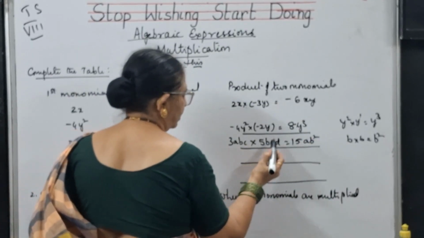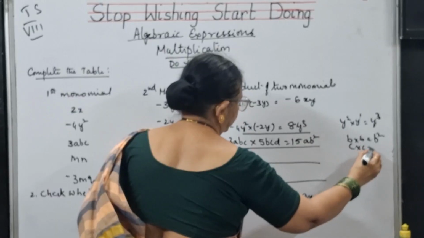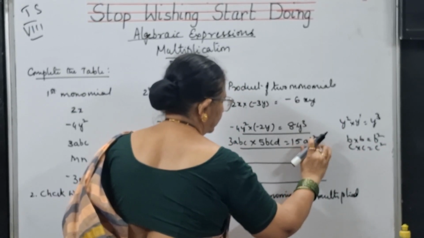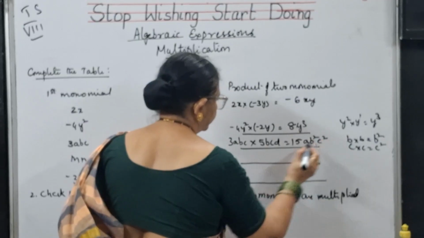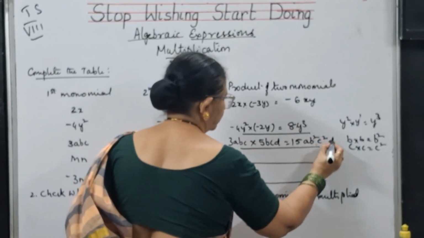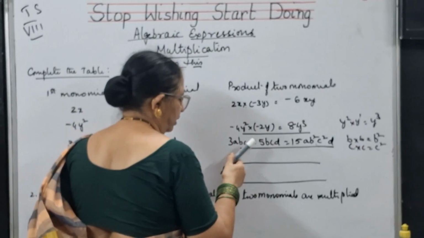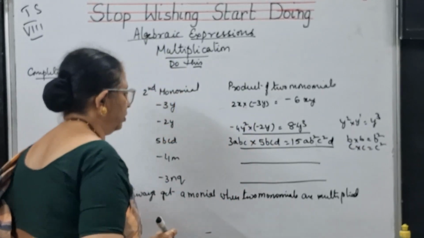And here c is there, here another c is there. c into c is c square, so I'm going to write c square here. And there is no d in this, so directly d. So 15ab square c square d we are getting.